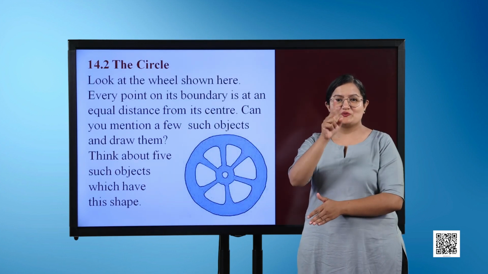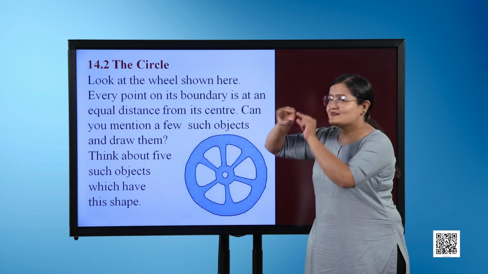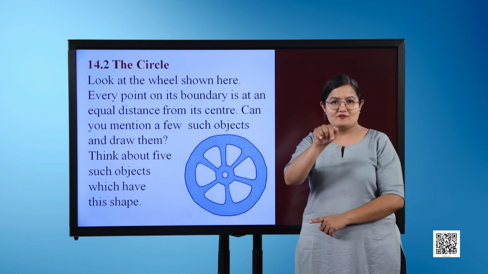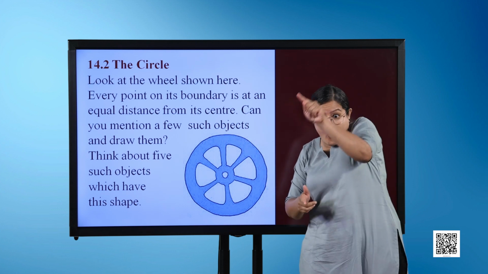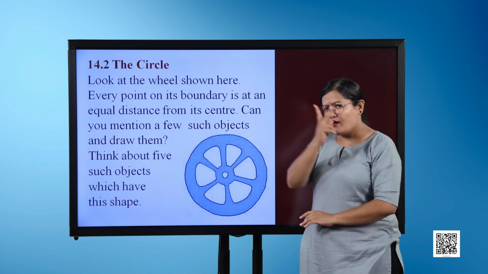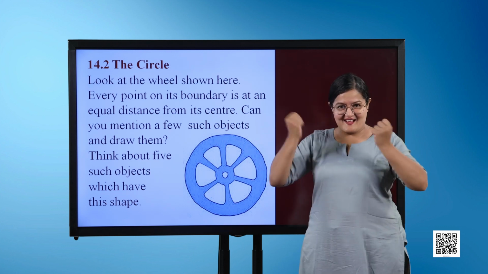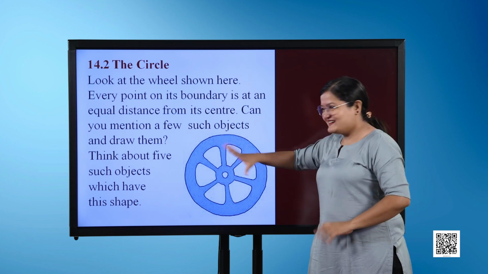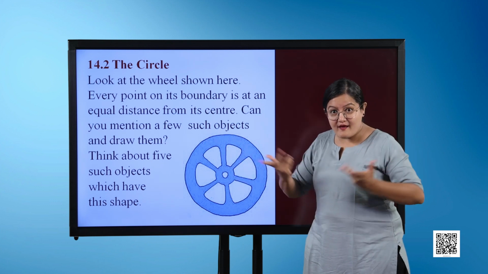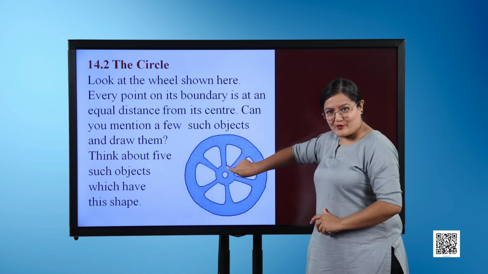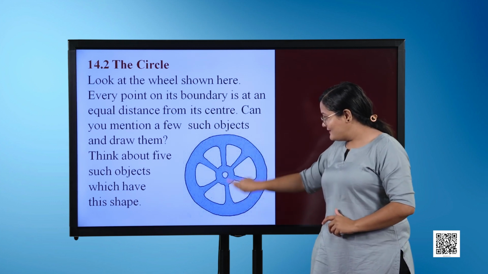Page 276. 14.2 The circle. Look at the wheel shown here. We have the picture of a wheel to the side. Every point on its boundary is at an equal distance from its center.